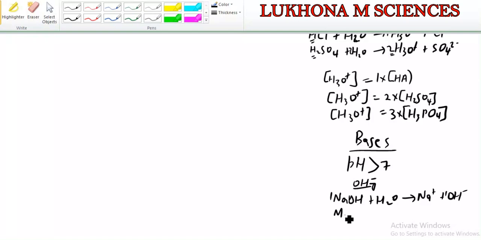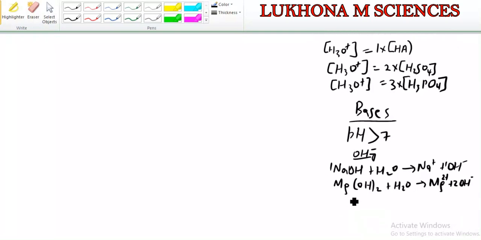Then if you have 2 OH, you will get 2 OH minus. Like in this case, magnesium hydroxide reacts with water, you will get magnesium ion plus 2OH minus. Then you balance your equation, and so on.